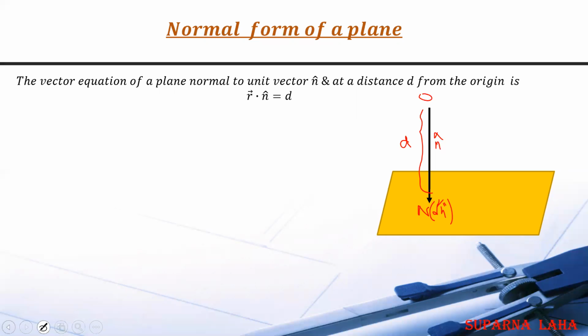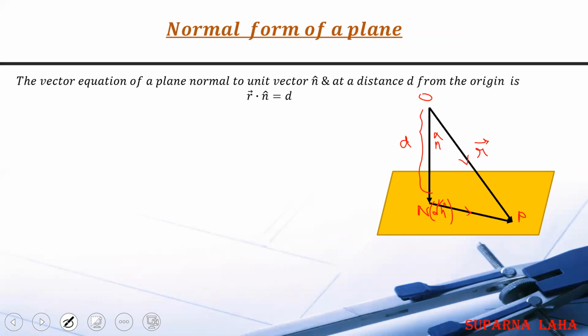Now just taking another point P whose position vector is r, taking point P whose position vector is r, and then joining that N and P. Okay. Now look at here.